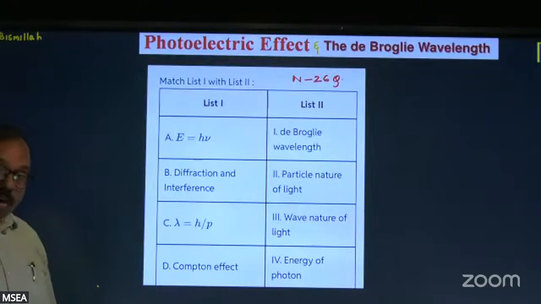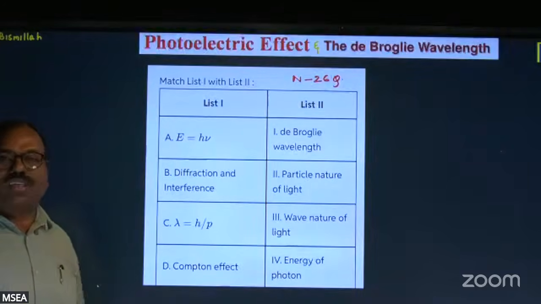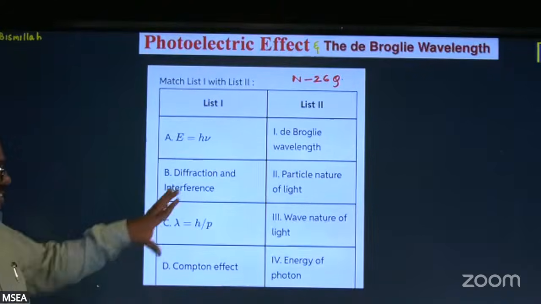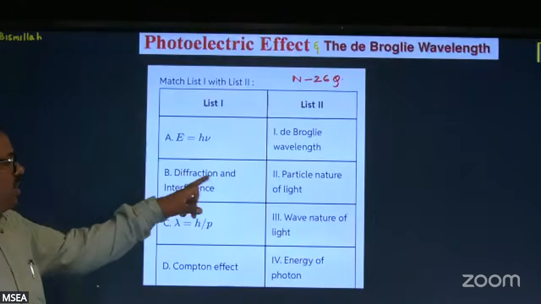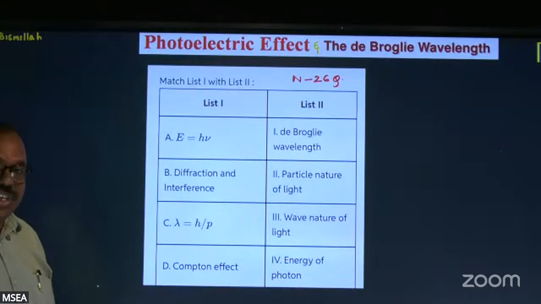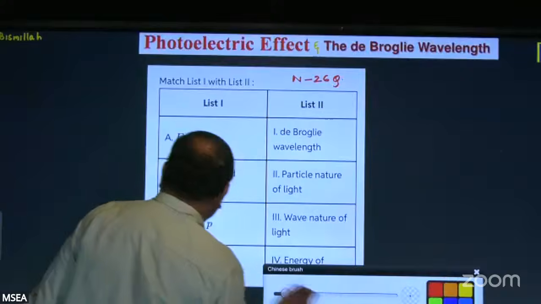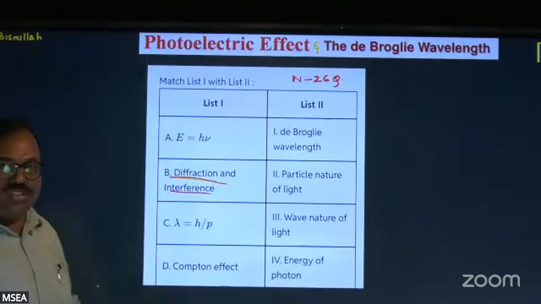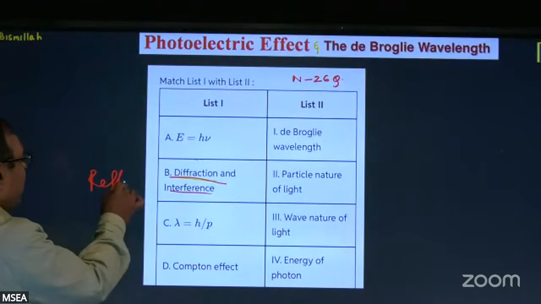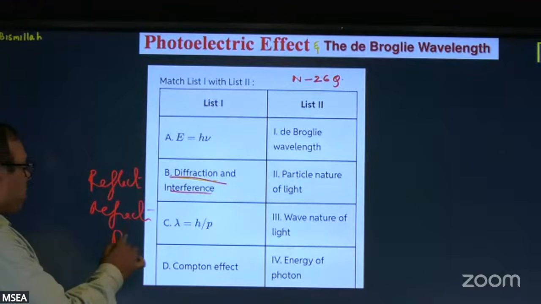But what more supports the wave nature? You have to concentrate not only on this one, but on what more they may ask. Diffraction and interference, no doubt, support the wave nature, and in addition reflection, refraction, and also polarization.